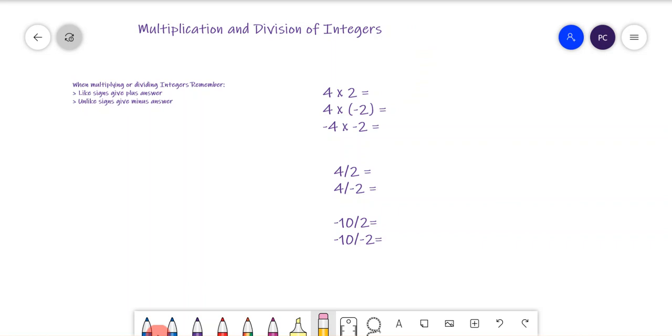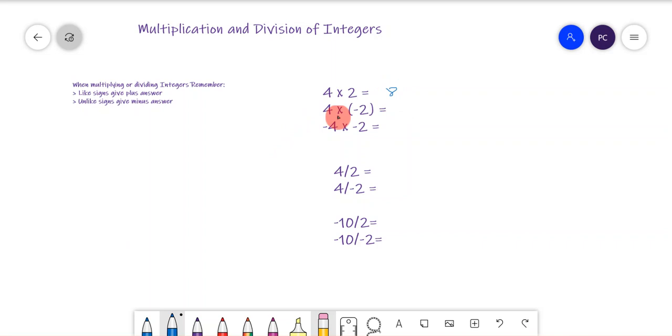So if we take positive 4 multiplied by positive 2, that's just going to be equal to 8. Notice that like signs give a plus answer.